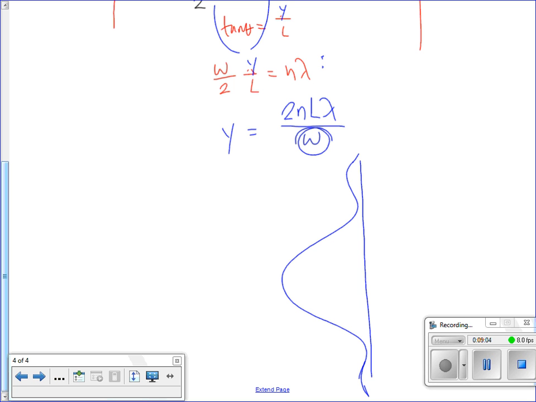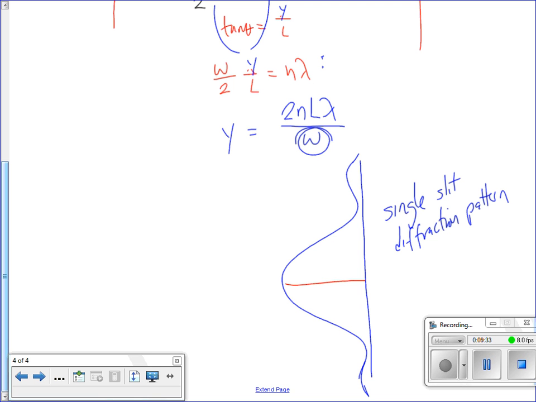All right? Now, this is what we call a single slit diffraction pattern. Within that, we can see the double slit interference pattern that might look like this.